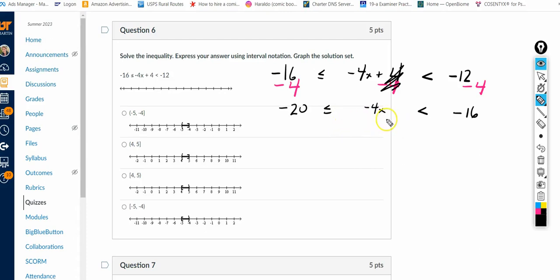And when we divide by negative 4, that's going to flip this entire equation along with the arrows. So let me do this in a different color. And what we're going to do is think of this like a flip.